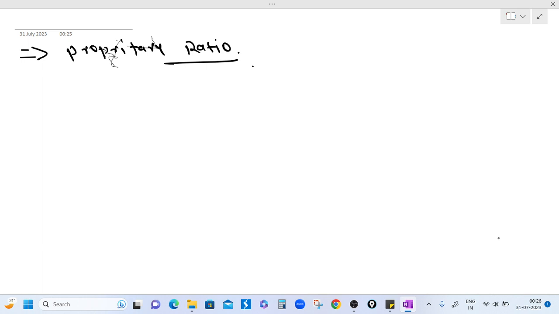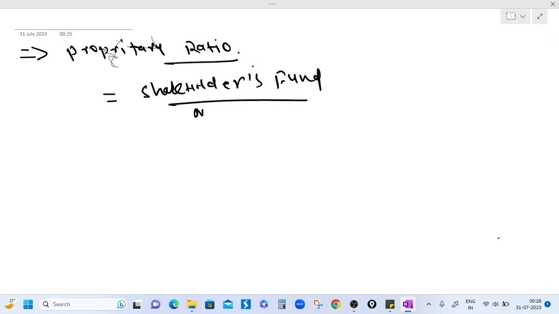The formula to calculate this ratio is shareholders fund divided by net asset, or you can say capital employed.